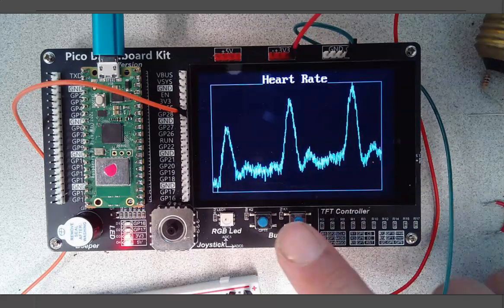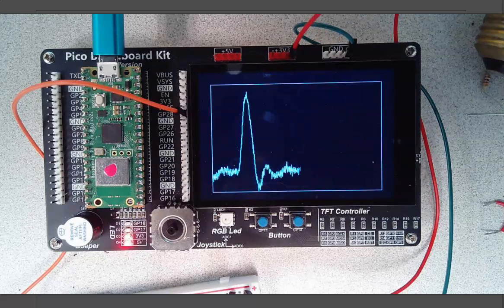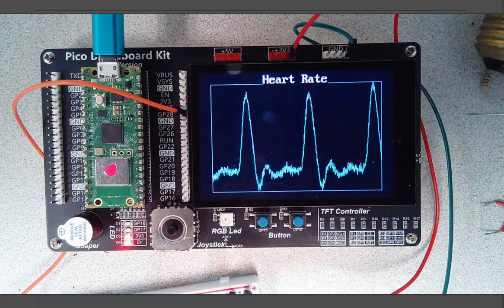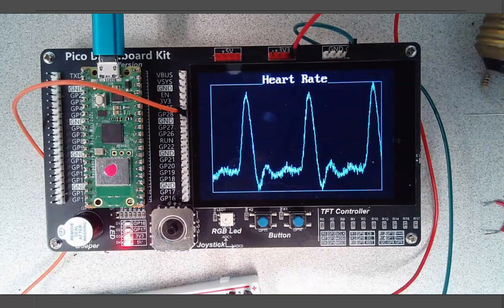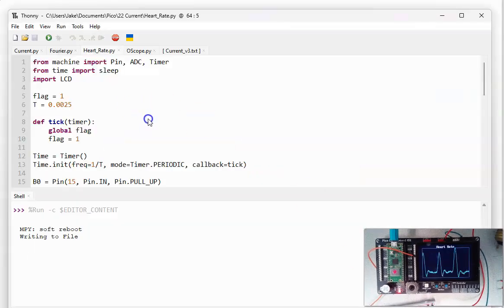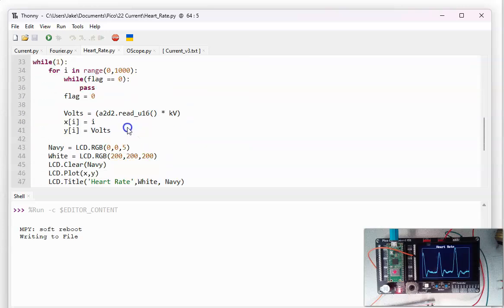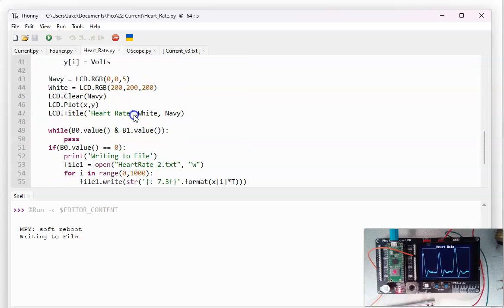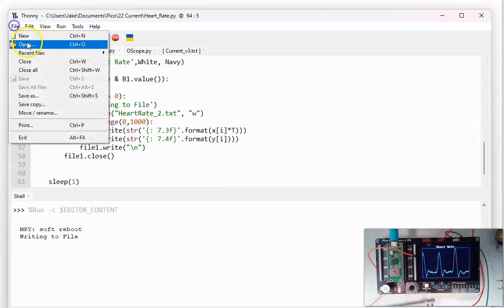Try a different finger. Looks pretty good. Once you're happy, I can then save the data to a file. And what did I call the file? It's called heart rate. Okay.